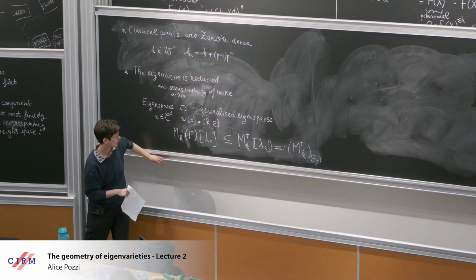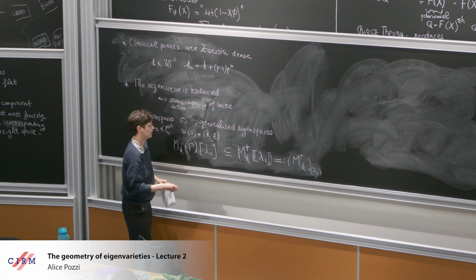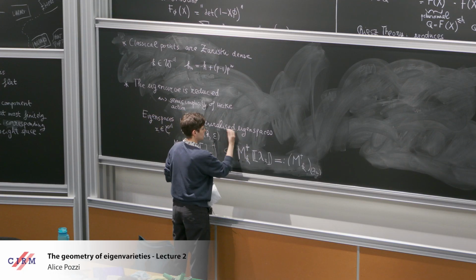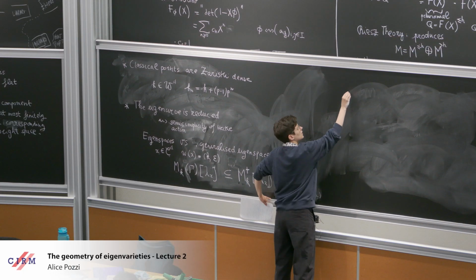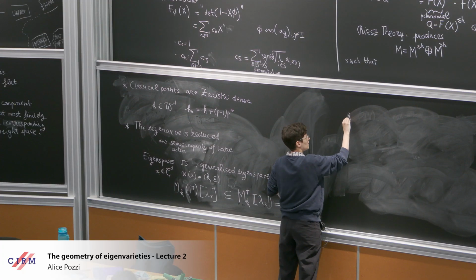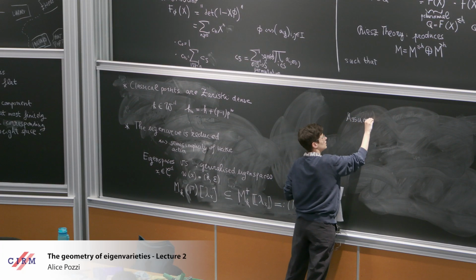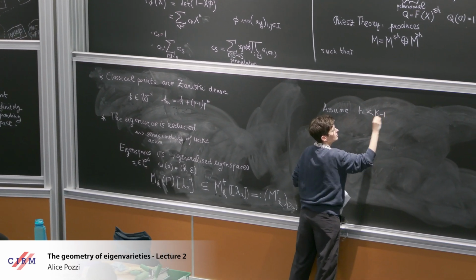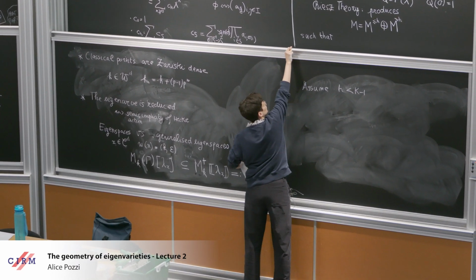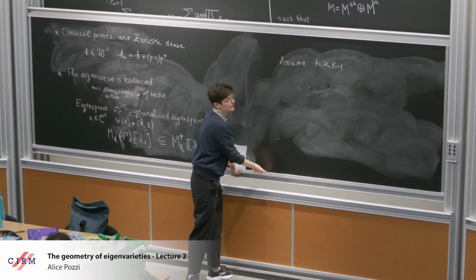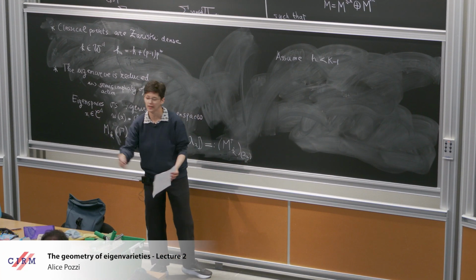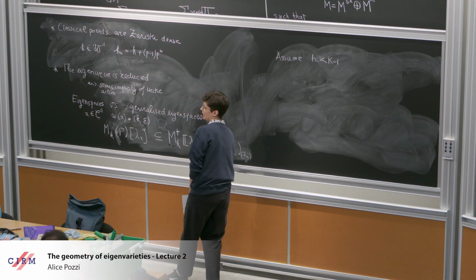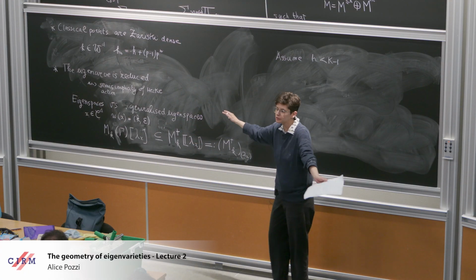But importantly, if I assume that h is less than k minus 1, which I can do for a Zariski dense set of points, as I just hinted at, then this generalized eigenspace is going to be a classical generalized eigenspace.